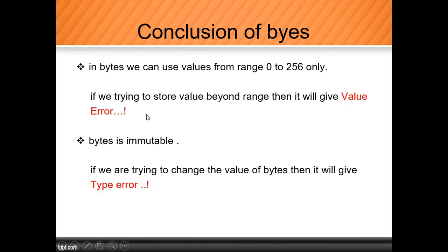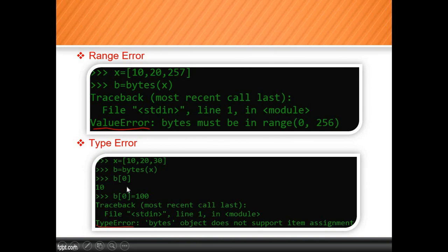Second important point, bytes is immutable. That means we cannot change the content or elements of the bytes data type. If we try to change the value of bytes, it will give a type error, and these are the examples.